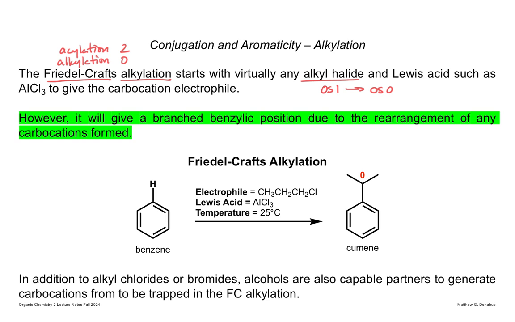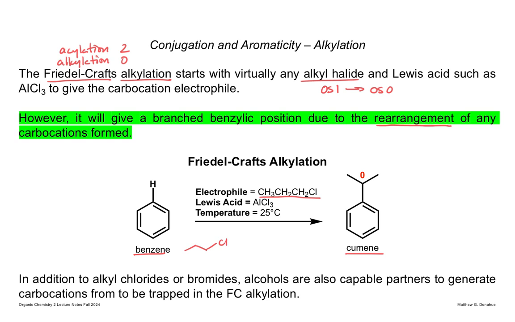And typically what's going to happen in this reaction is that because we're proceeding through a positively charged carbon intermediate, a carbocation, it's most likely going to rearrange. And we can see that in this first example here where we're taking benzene and making cumene. But look at the structure of the electrophile we start with.